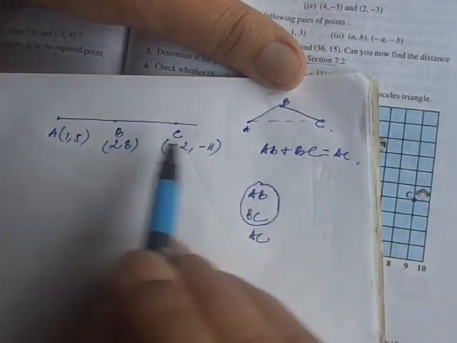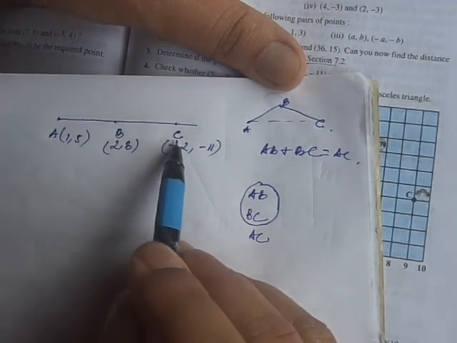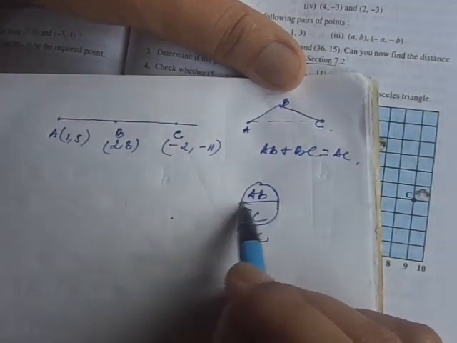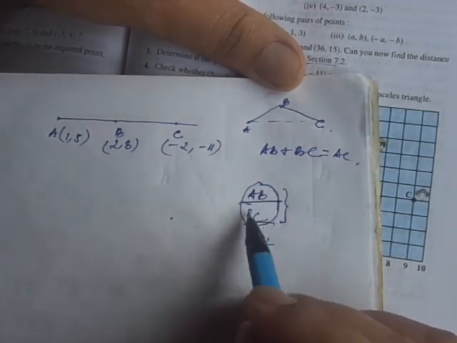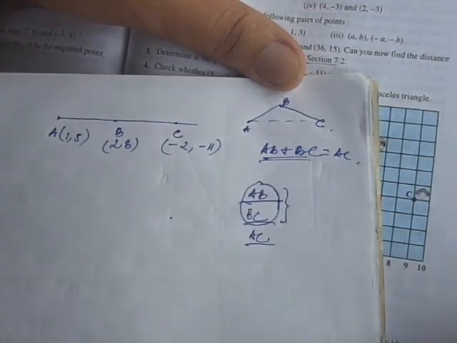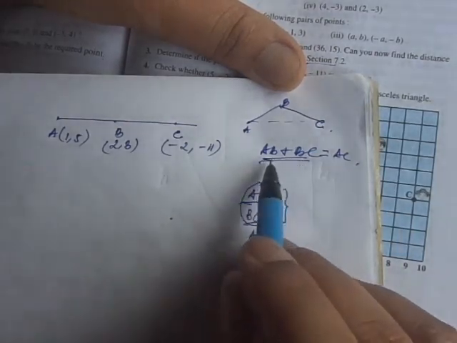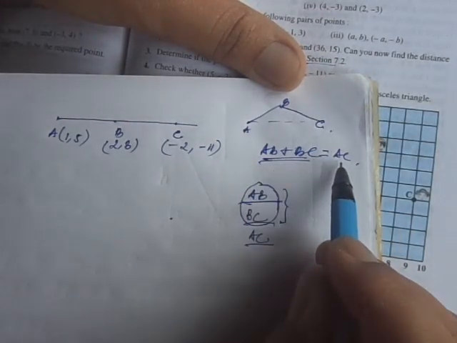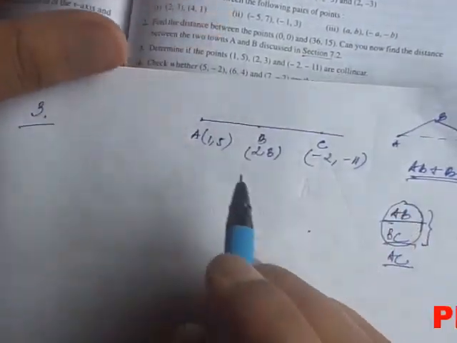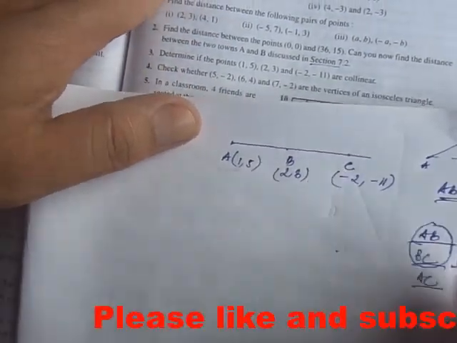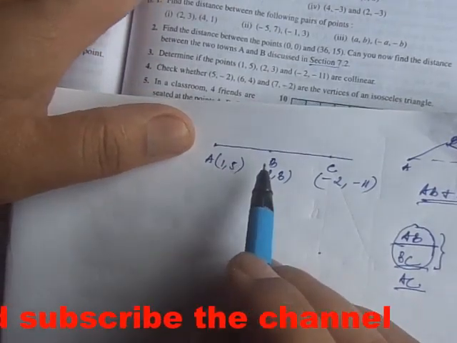So to check whether these 3 points are collinear or not, we have to find these 3 distances, AB, BC, and AC. And we have to check whether the sum of these 2 is equal to AC or not. If the sum of these 2 is equal to this AC, then we can say they are collinear. But here, we do not know where A will be, where B will be, where C will be.